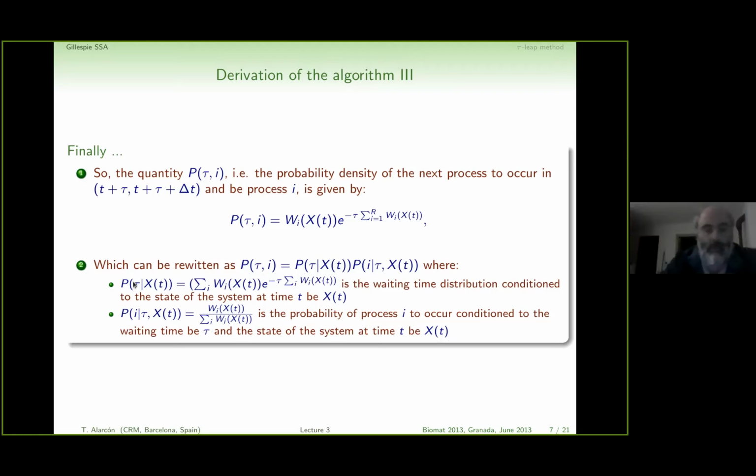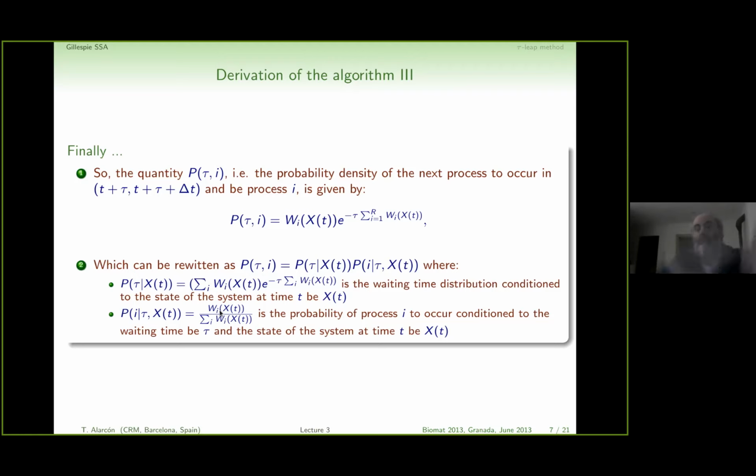So this is the waiting time distribution. You are sitting at time t, your state is x of t, and you see how long you have to wait for the system to change its state. This is generated by this exponential distribution.